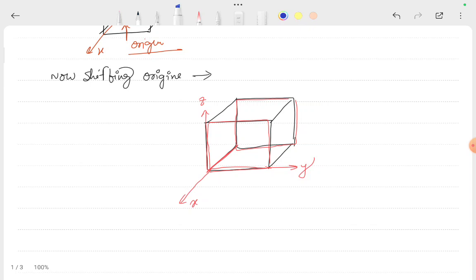In a similar manner, this side is used for positive, and this side along the y-axis is used for negative.